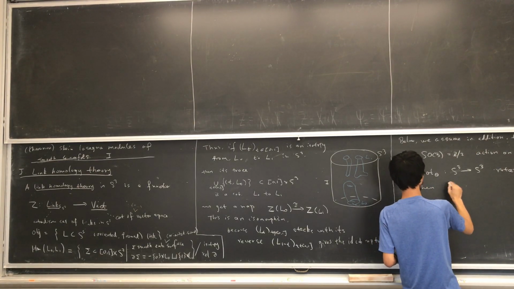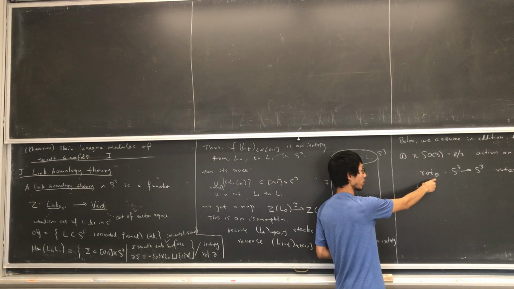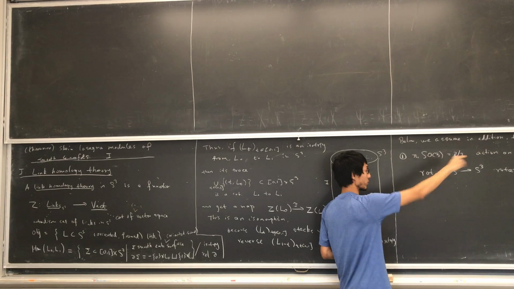Then pi_1 is generated by rotation when theta goes from 0 to 2 pi.